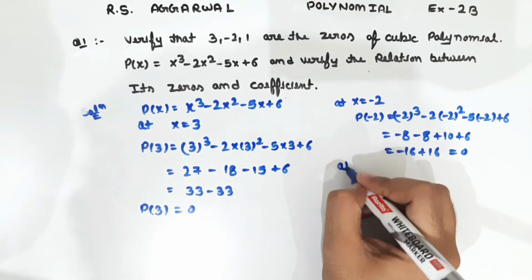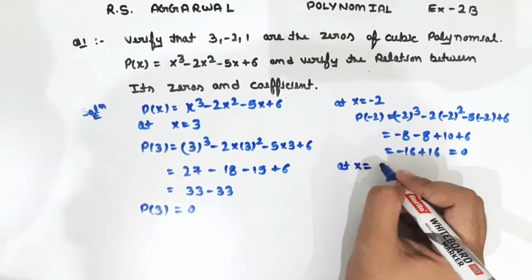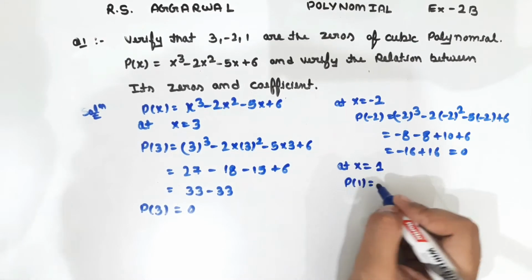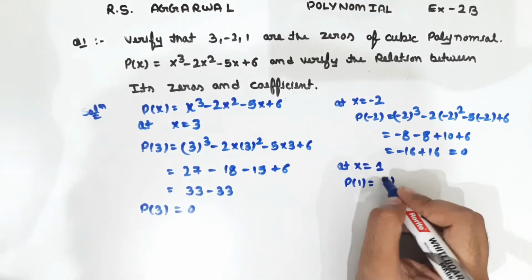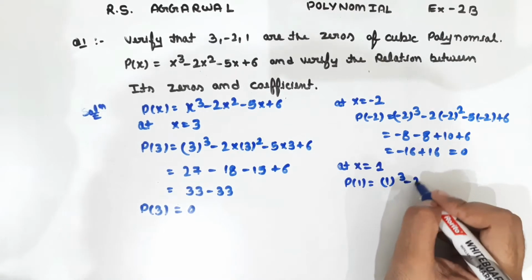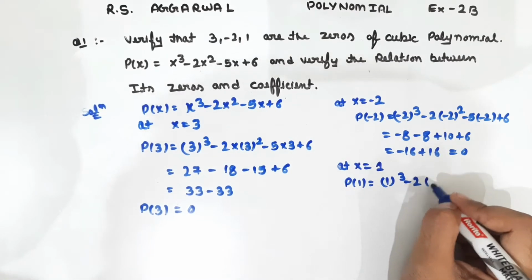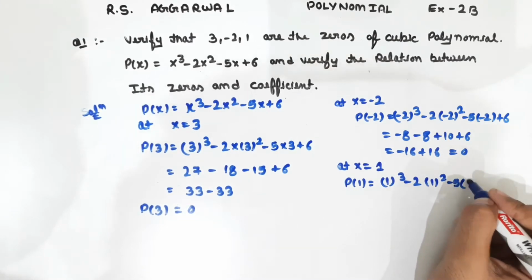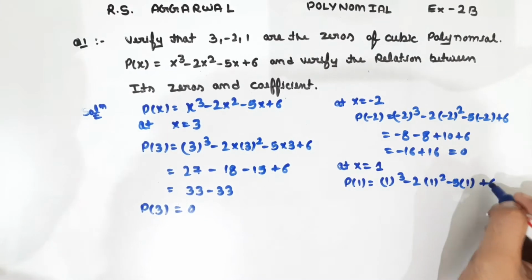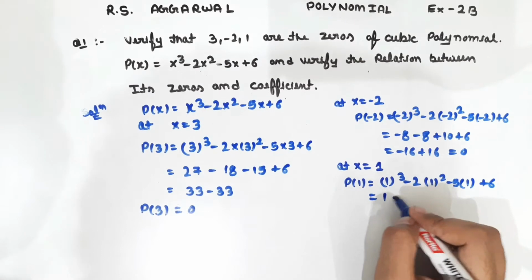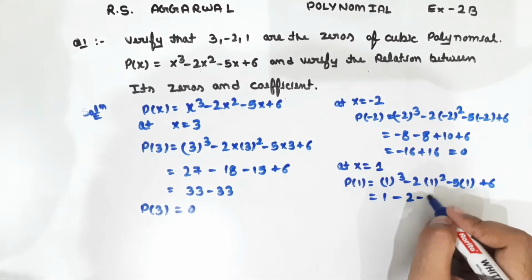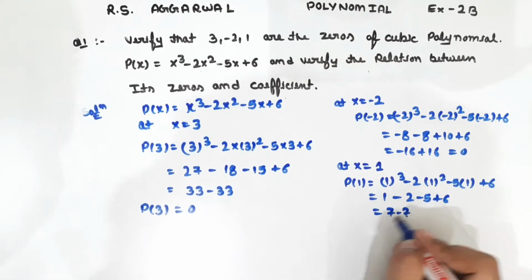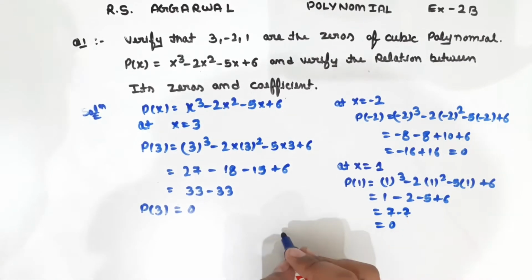Now at x equals 1, P(1) will be 1 cube minus 2 into 1 square minus 5 into 1 plus 6. So 1 minus 2 minus 5 plus 6, 7 minus 7, that is also equal to 0.